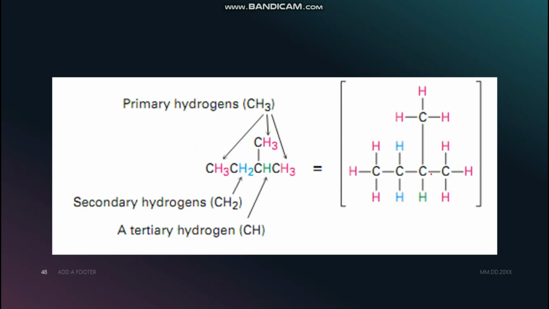Now, in addition, we also speak of hydrogen atoms as being primary, secondary, or tertiary. Okay, so primary hydrogen atoms are attached to primary carbons. So this one is a primary carbon since nakaband lang siya sa isang carbon. Okay? Ayan, this one is a primary carbon, primary carbon, primary carbon. So, lahat ng hydrogen na nakaband sa ating primary carbon is also a primary hydrogen.